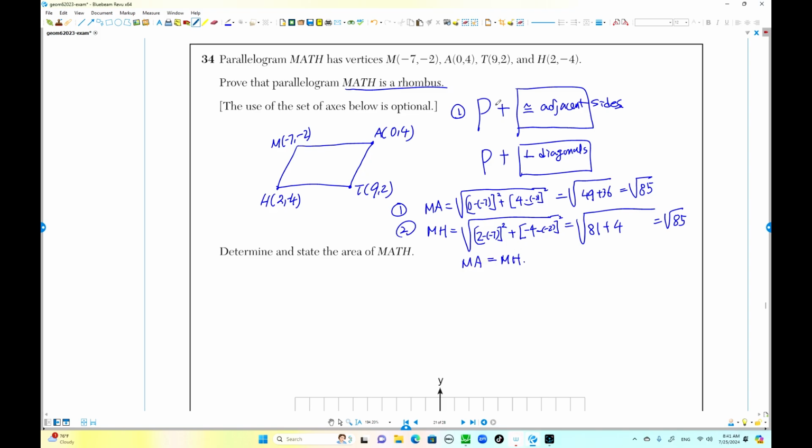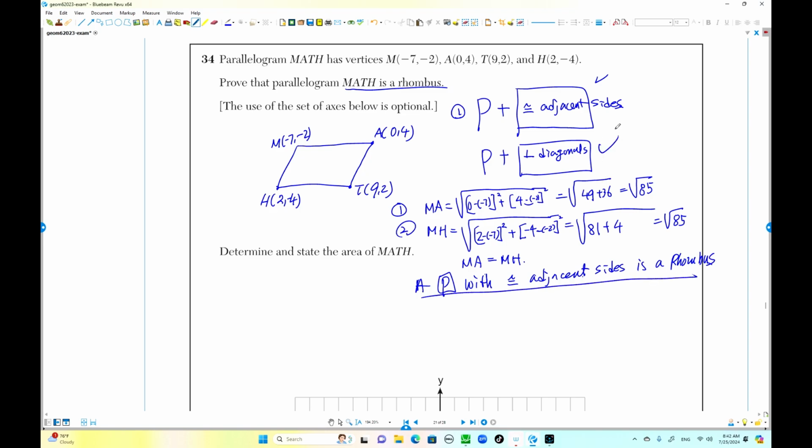So you can explain it this way: if a parallelogram has congruent adjacent sides, that's simple, it's a rhombus.